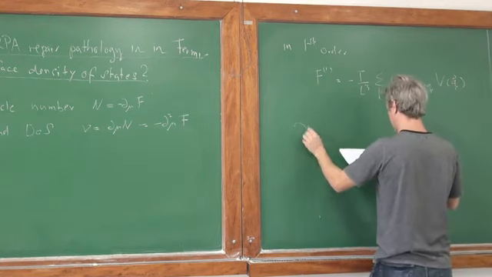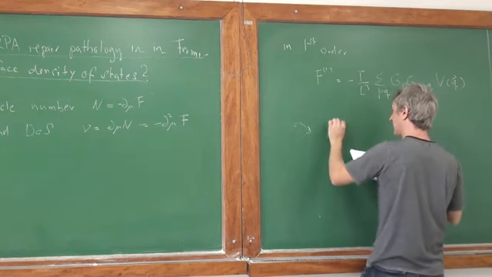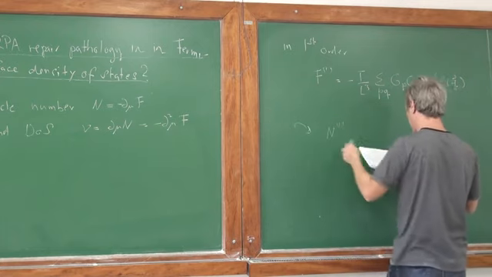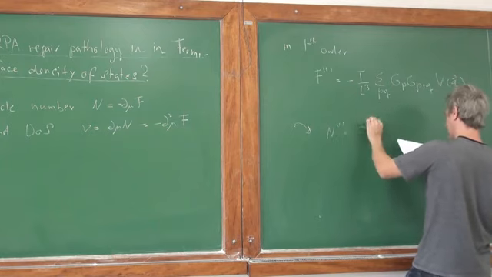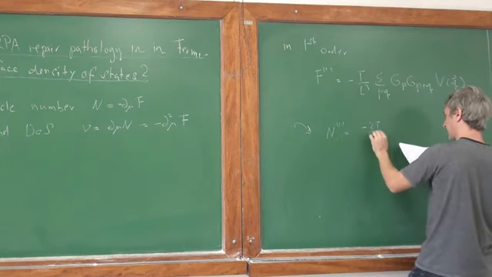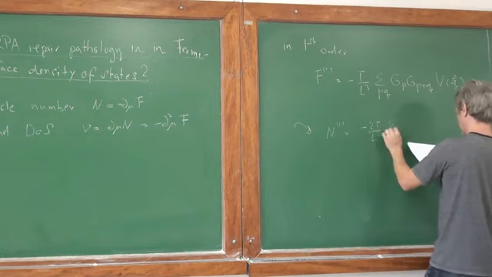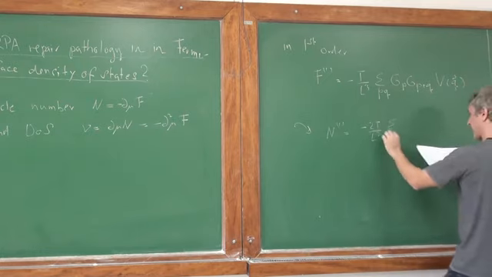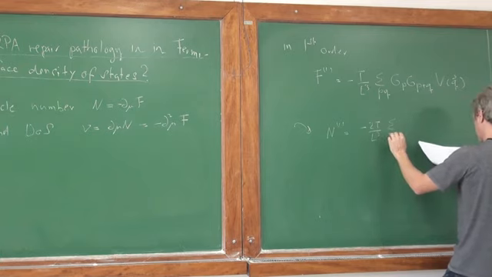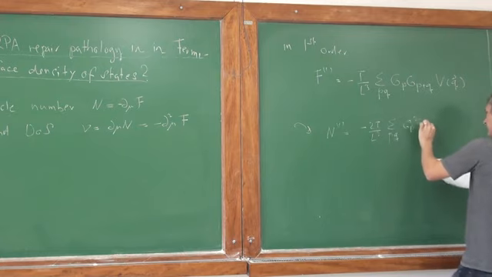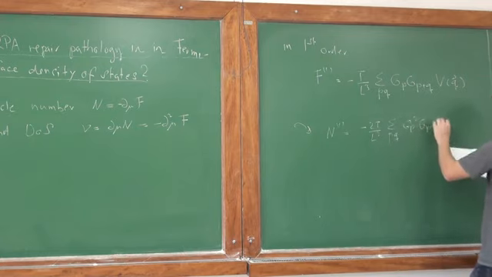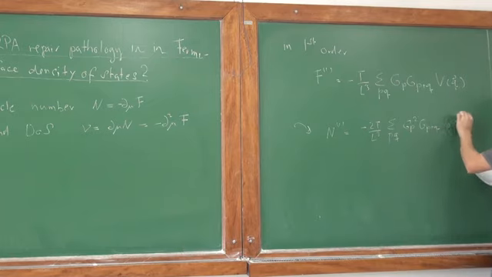Now, taking this result and then taking the first derivative, we find for the particle number the following. And I'll explain where this comes from.